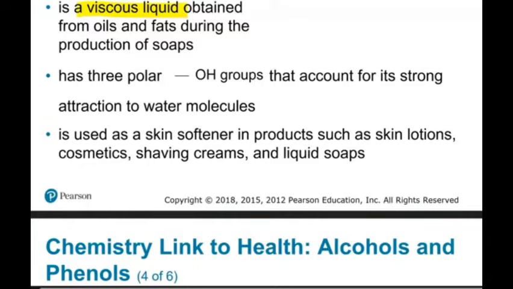For example, during COVID pandemic, I actually made, just for fun, a homemade hand sanitizer. I bought the bottom shelf vodka and mixed it with some glycerol that I had. And it worked.